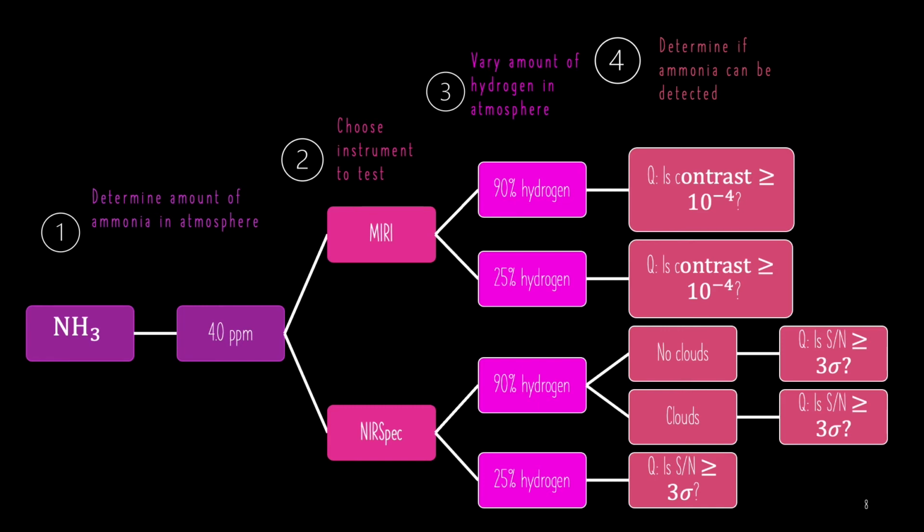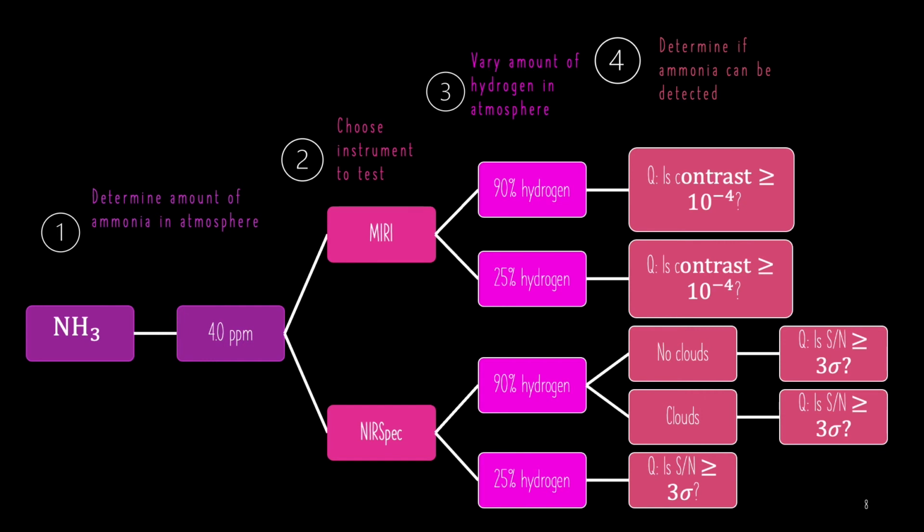After that, for MIRI, we ask if the ammonia feature can be detected. We ask if the contrast between the planet and the star is greater than or equal to 10^-4, which is a sensitivity threshold for MIRI. And so we go back to step 2 with the NIRSpec instrument, which operates in the near infrared. We vary again the amount of hydrogen in the atmosphere.